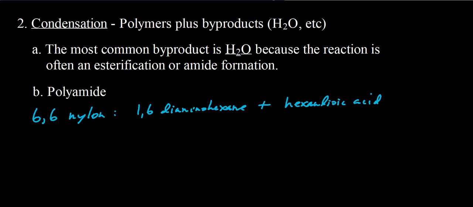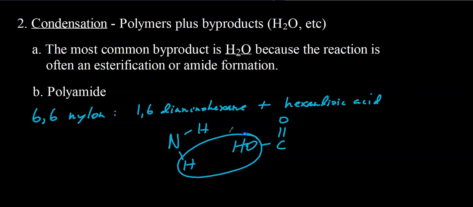So in this case we have the hydrogen from an amino group and our hydroxyl group from the acid. A bond forms between the nitrogen of the amino group and the carbon of our acid group to form the bond between the two monomers, and we get, of course, water as the other product.